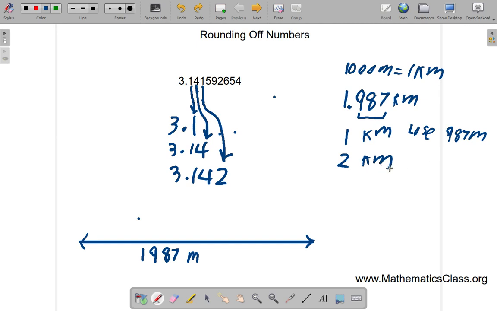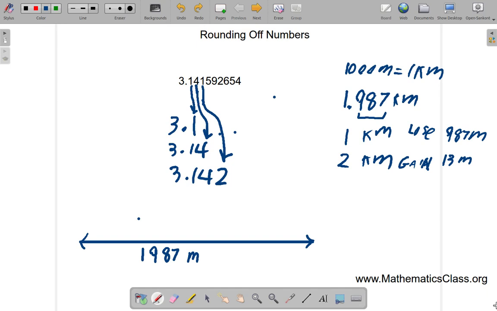If you write 2 kilometers, you would overstep the distance a bit, so you would gain a certain distance. How much would you gain? It would be 2000 meters minus 1987 meters, so it's 13 meters. Now which one of these would be closer to the original value that you measured?